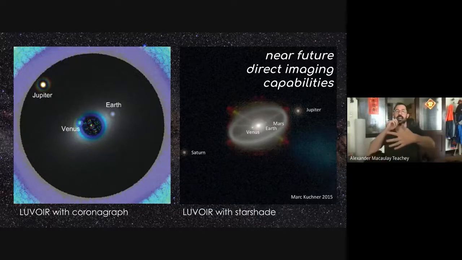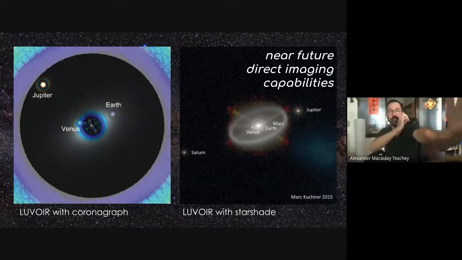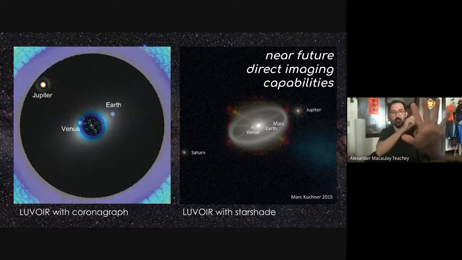And that is that instead of having the coronagraph right on the telescope, you actually fly, now this is a space telescope, remember, you fly this thing that looks like a big sunflower, maybe 1,000 miles, maybe farther away from the telescope itself. And you have to have them perfectly aligned. And this basically blocks out the light of the star.